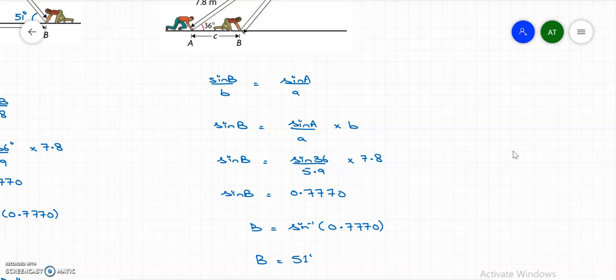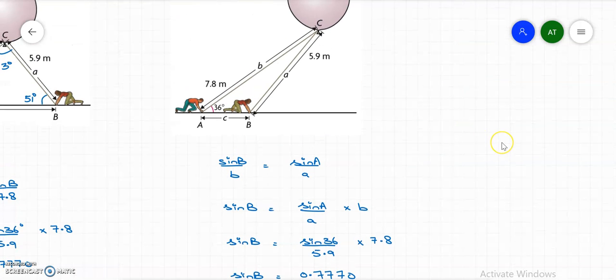Okay, but in the figure we can see, if I move up, we know that this whole is 180 degrees, right? So 180 degrees subtract 51 degrees, so the angle B would be equal to 129 degrees. So the angle B is 129 degrees, right?